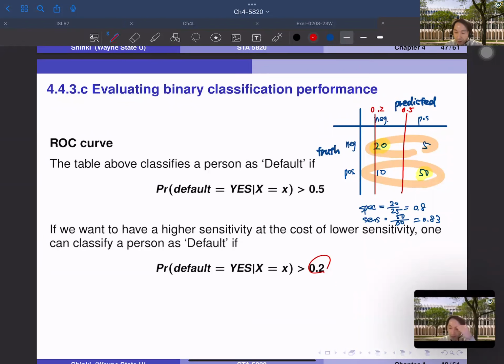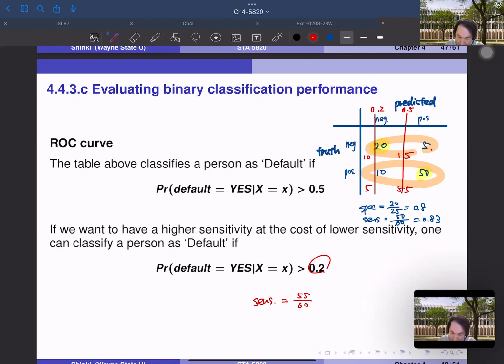So in such a case, we have more observations. So probably this 25, 10, 50 becomes maybe 10 and 15, and maybe 5 and 55, for example. So in such a case, the sensitivity becomes 55 over 60.